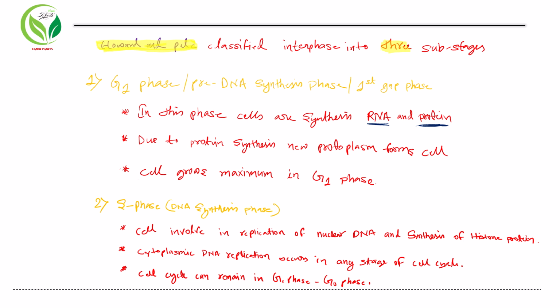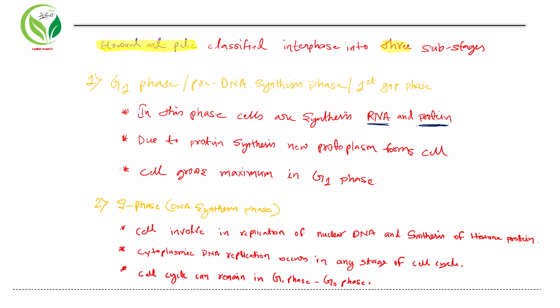G1 phase occurs before the synthesis of DNA, before S phase, so it is called the pre-DNA synthesis phase. It is also called the gap phase.